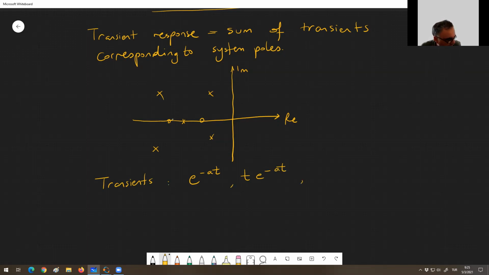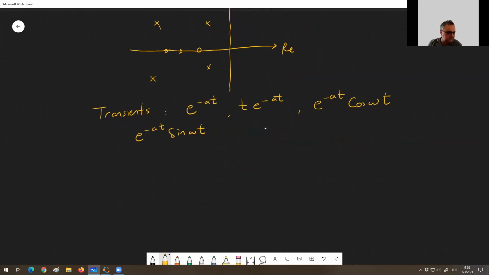You might have e to the minus at cosine omega t, e to the minus at sine omega t, etc. It will be made up of such terms. These a and omega terms are determined from the system parameters.